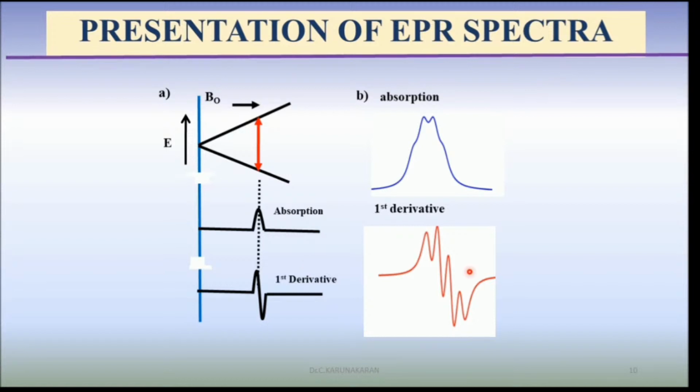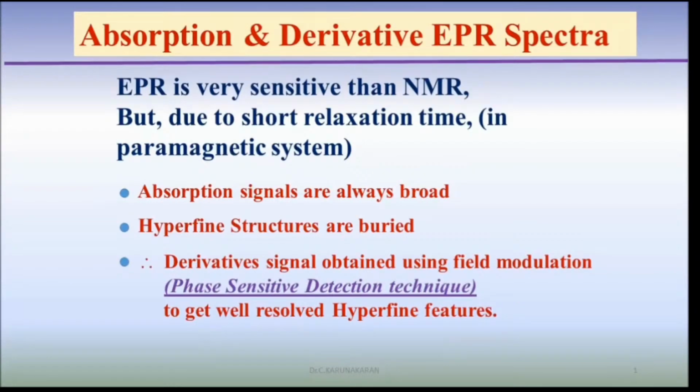When you take the first derivative of this absorption signal, the hyperfine splitting signals are well resolved. Here are the absorption and derivative EPR spectra. Why are derivative EPR spectra important?